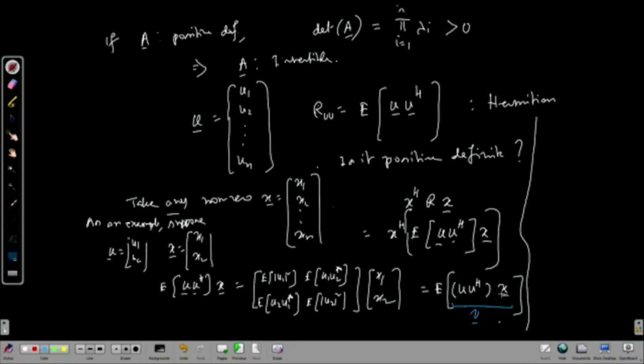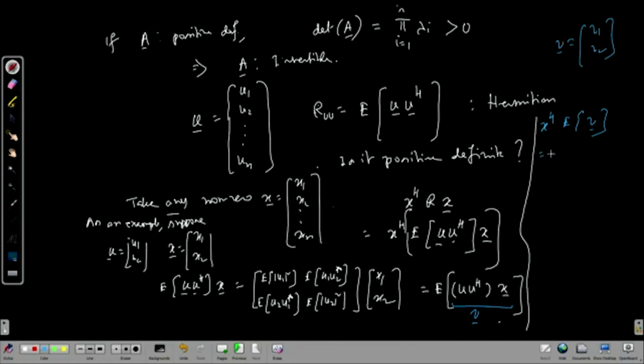Okay. So, now originally I have x h times this. So, if I bring that x h and this entire thing, which is E of v. Okay. V I denote as v1 v2, two elements.